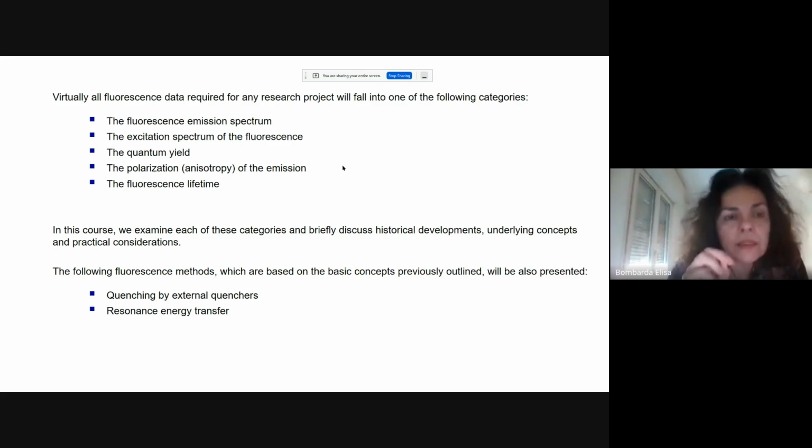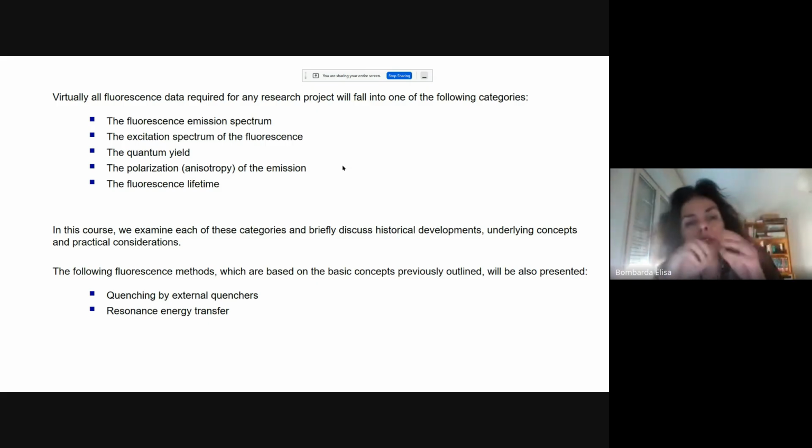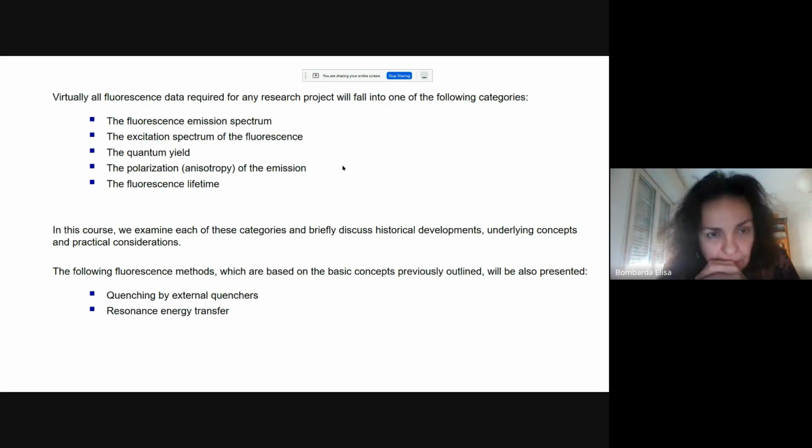These are the parameters that we will use to study our system, and we will go through them step by step. And of course, we will also talk about quenching by external quenchers and resonance energy transfer, which are also based on the parameters that we have listed here.